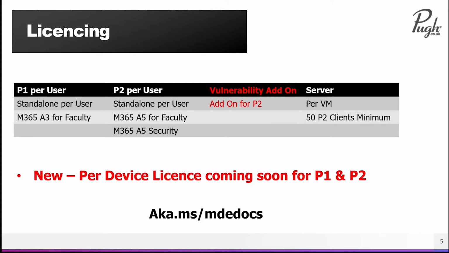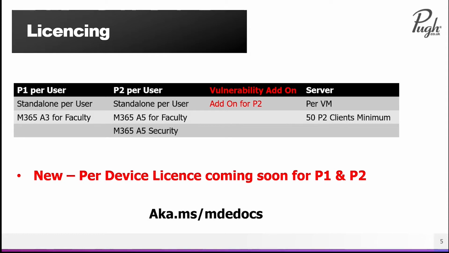Okay, so where the confusion really comes with this licensing is, it's included in Microsoft 365 A3 or A5, and it is a per user license. So you buy a per user license for your faculty and your staff, and any device faculty and staff are using is protected.